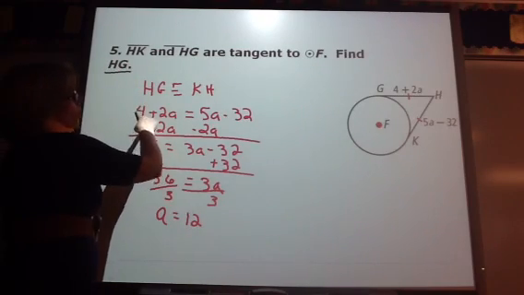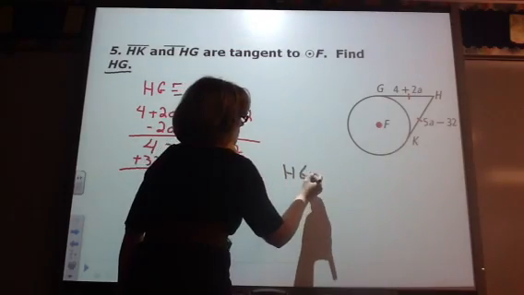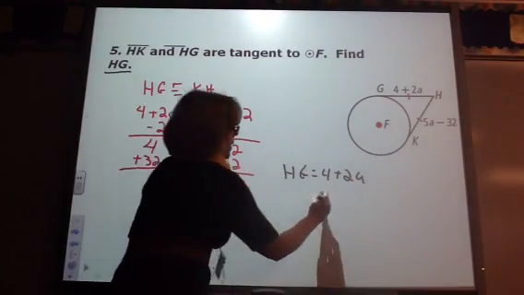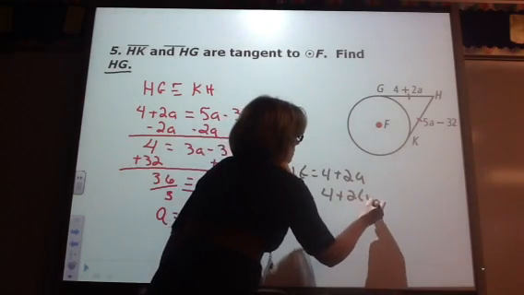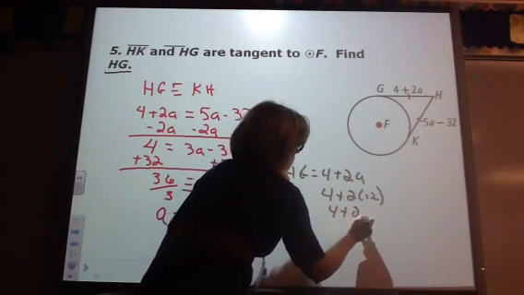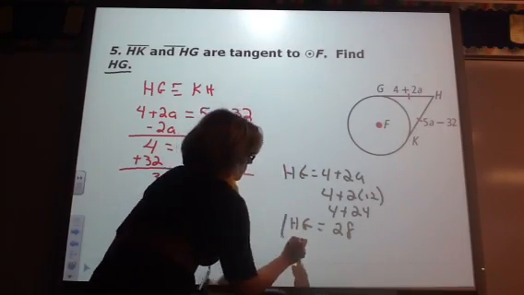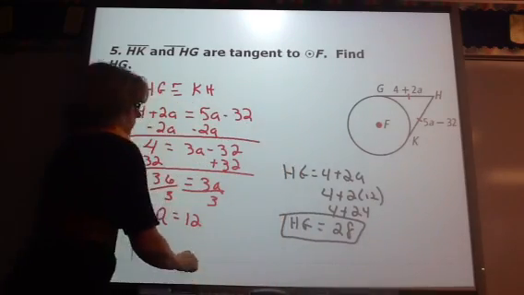Well, HG is 4 plus 2A. We substitute 12 in for A. There's my answer.